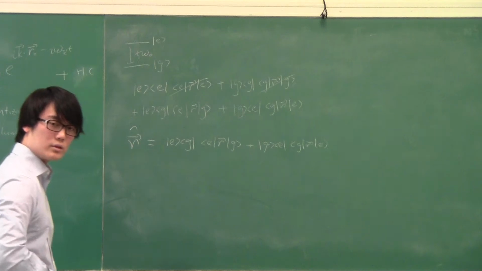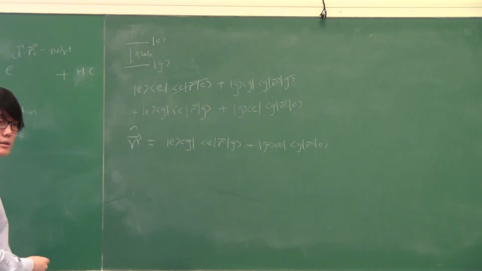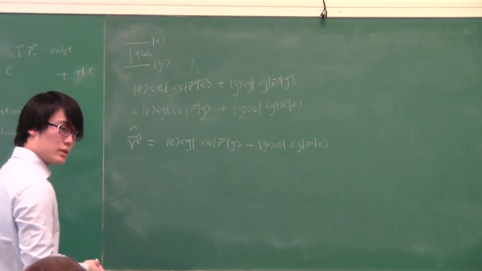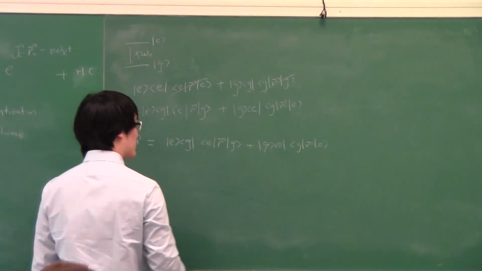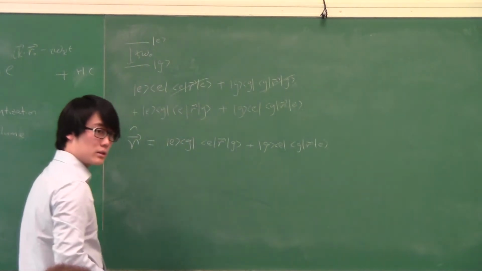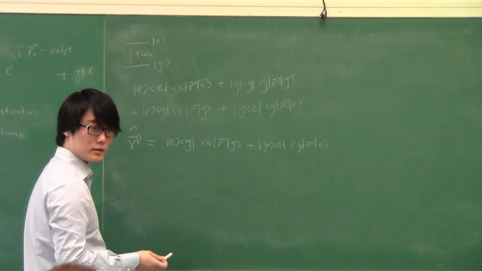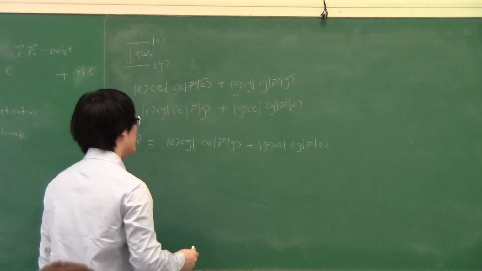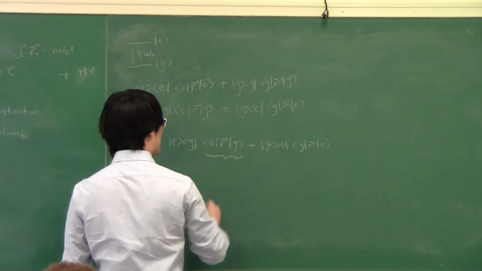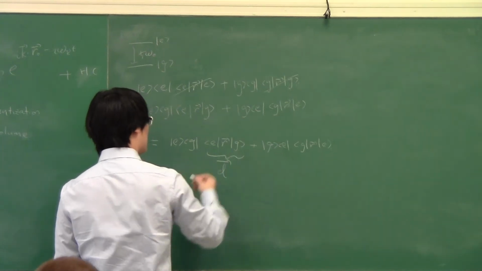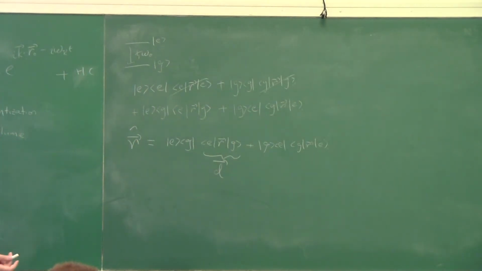And because this dipole is an observable, its matrix representation should be Hermitian. For it to be Hermitian, we require that these two be the complex conjugate of each other. And let me just tell you that they're real, so they're the same thing. Let me call this D, which is the expectation value of the dipole moment.